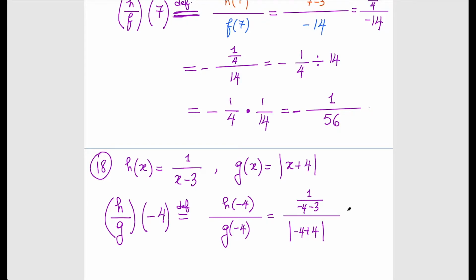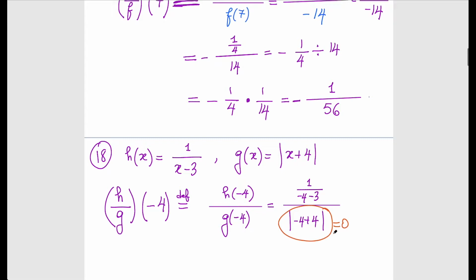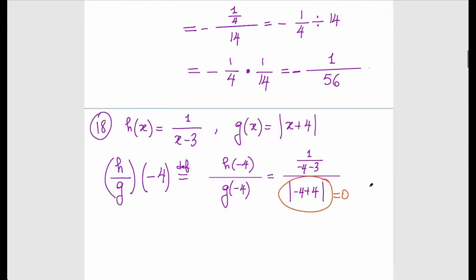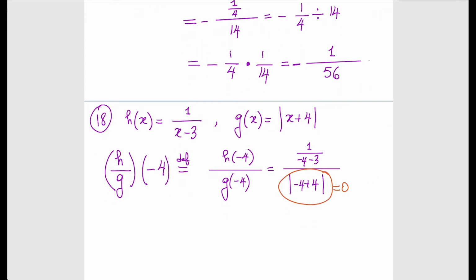You're going to quickly realize that this denominator is 0, and upstairs is not 0. Can you divide by 0? No, you cannot. So this is going to be undefined, and this means that negative 4 was not part of the domain of h over g. So this is undefined.